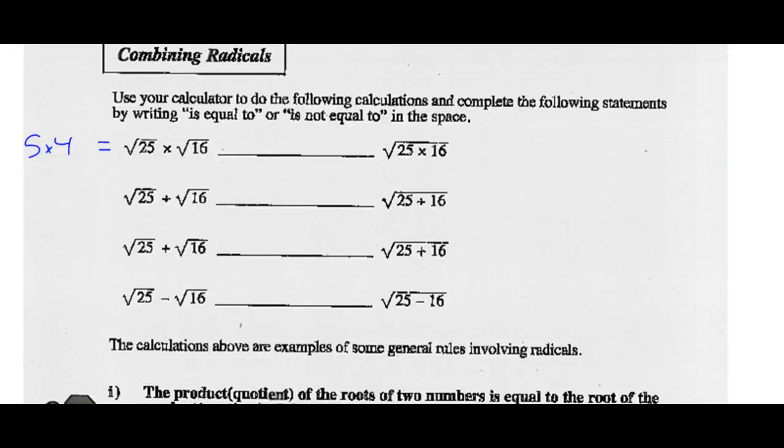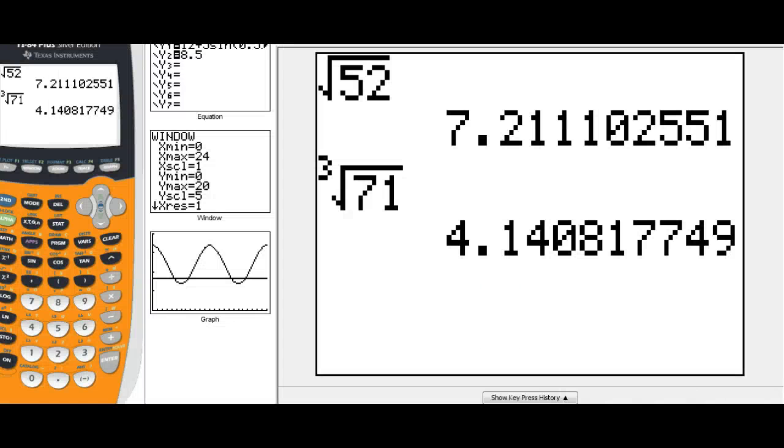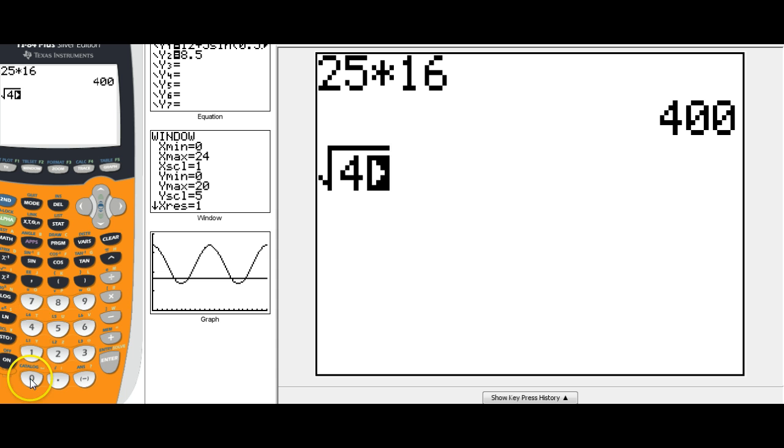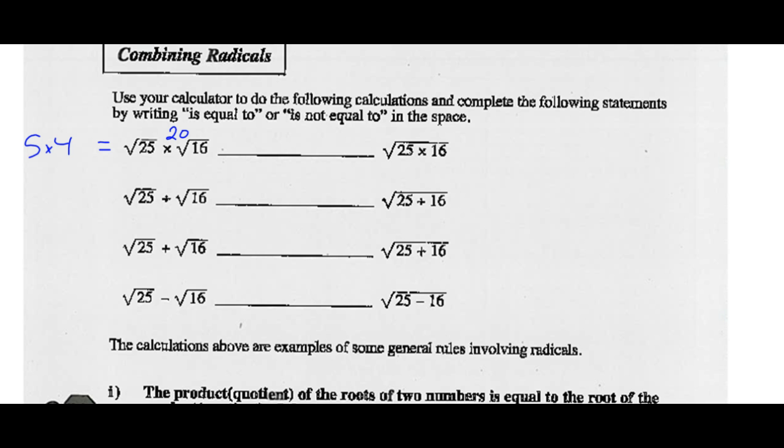So this value is 20. 25 times 16 underneath the radical sign is 400. If I take the square root of 400, I also get 20. So both these things are equal, so we would say equal.